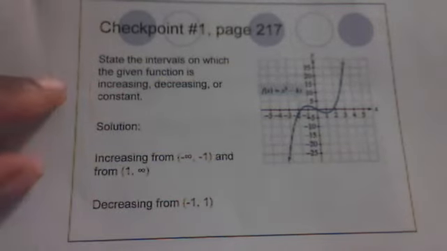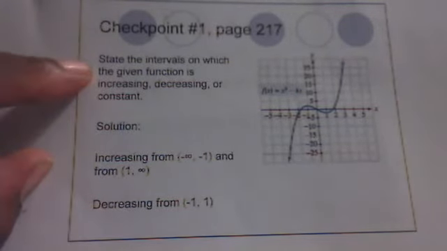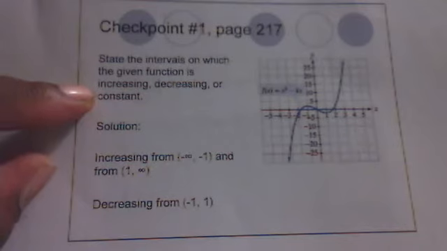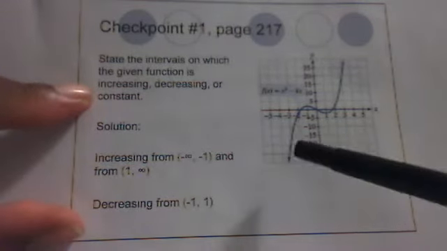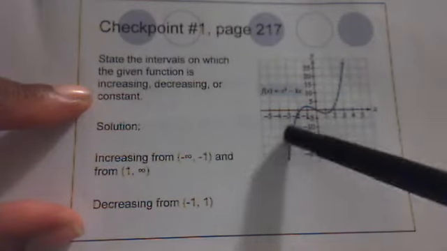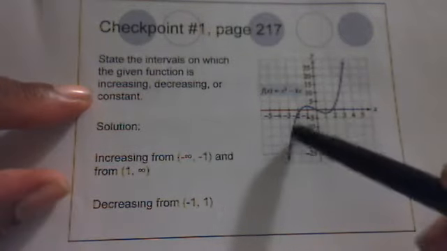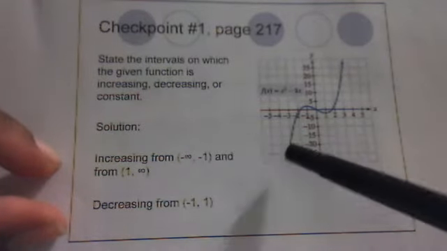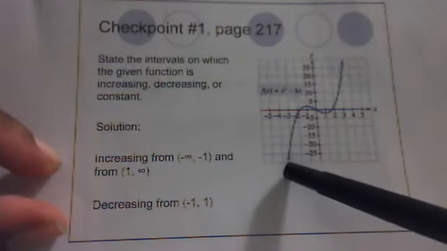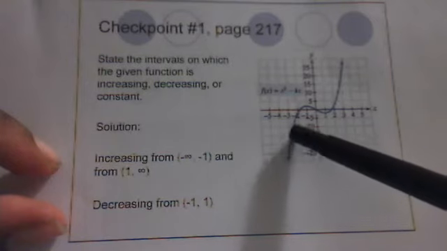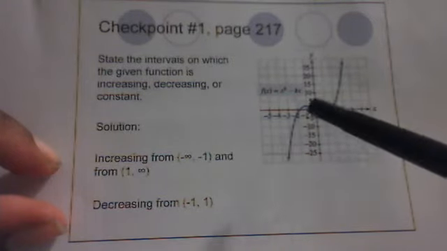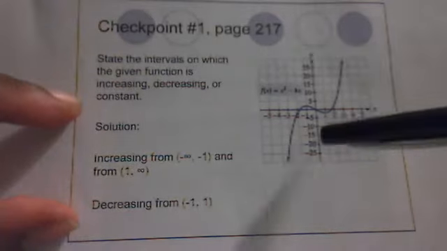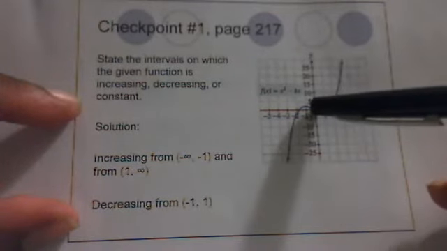Like this particular problem here that I've already done. State the intervals in which the given function is increasing, decreasing, or constant. And here's the graph of that function f of x. In this case, f of x is equal to x to the third minus 3x. We can see that this graph is increasing from negative infinity up to negative 1, because negative 1 is where it reaches a maximum value.